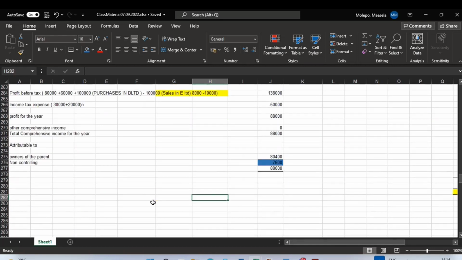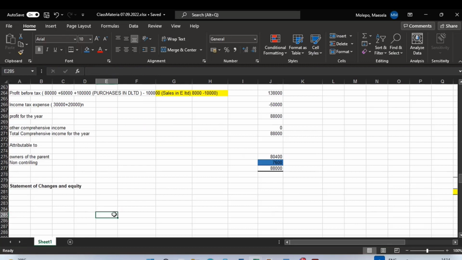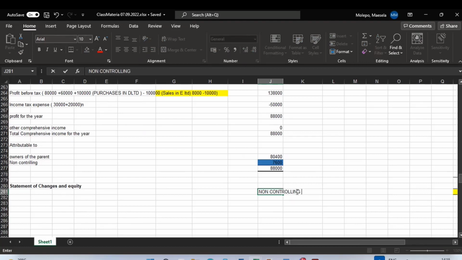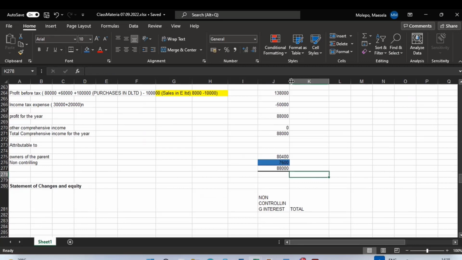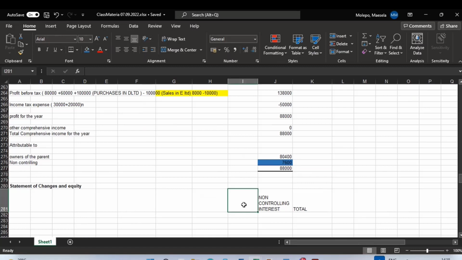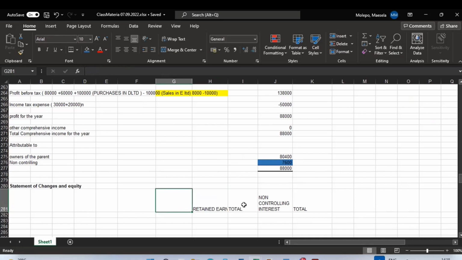So we're gonna go to the statement of changes in equity. It's gonna have total, it's gonna have NCI, total again, then share capital.